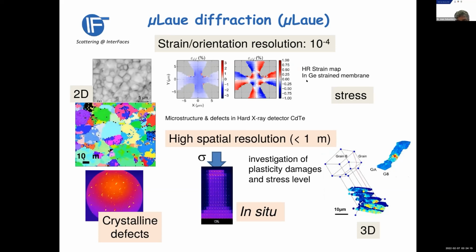This is, for instance, a germanium strained membrane, with a biaxial stress applied to this germanium membrane, and then you can see that we can finely measure the distribution of the strain. And this is in very good agreement with FEM, finite element analysis results.